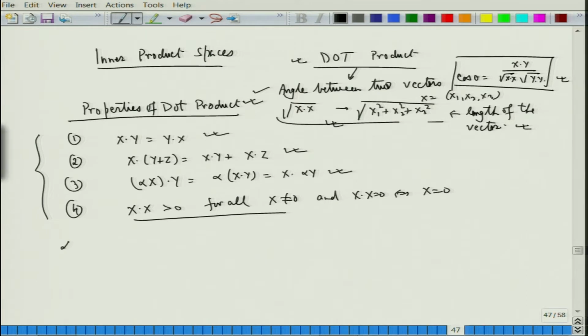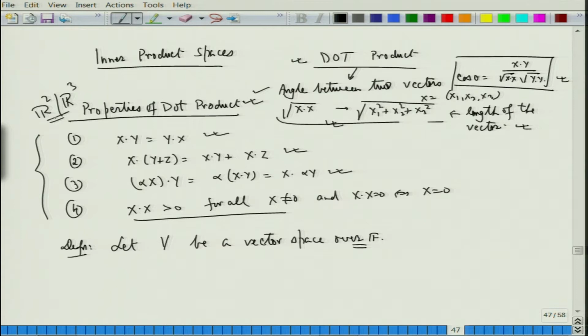So definition of an inner product, definition: let V be a vector space over F, all right. There we looked at things over R2 and R3, fine. Here also we are looking at over F, so we will be looking at Fn in some sense. So V for us.